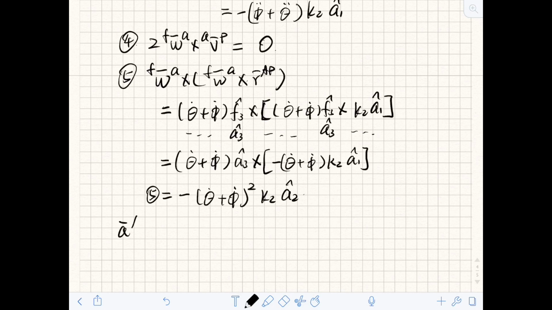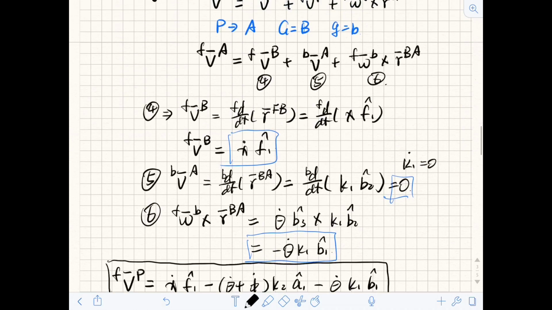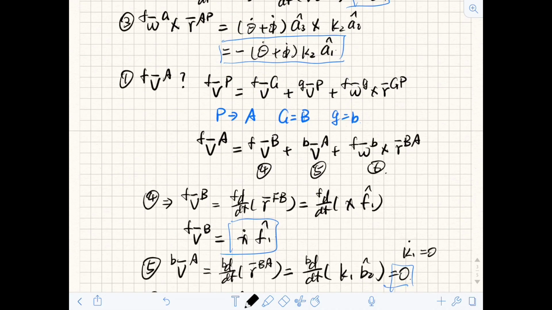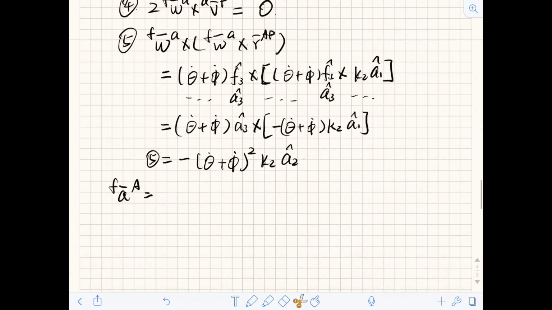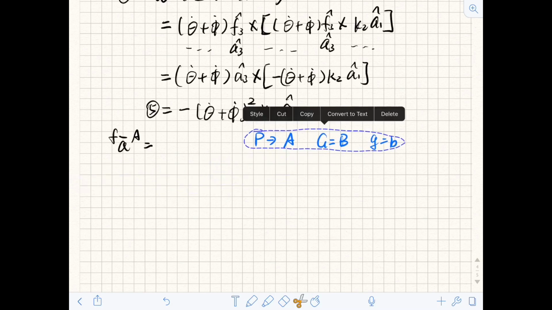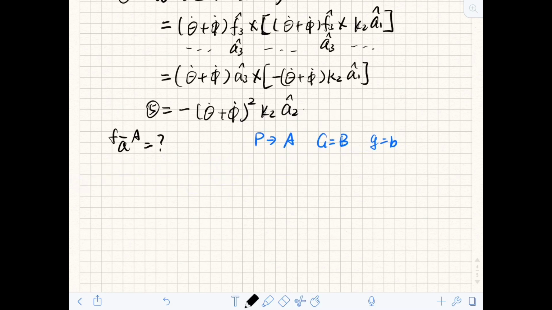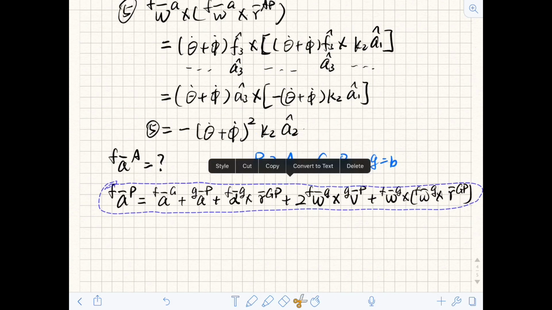That's the acceleration of A in F. If you remember, to find the velocity, we applied velocity expansions twice. And for the second time, we replaced the letters in the generic velocity expansion. To find the acceleration, we will do the same here. So to find the acceleration of point A in F, let's rewrite the acceleration expansion here.